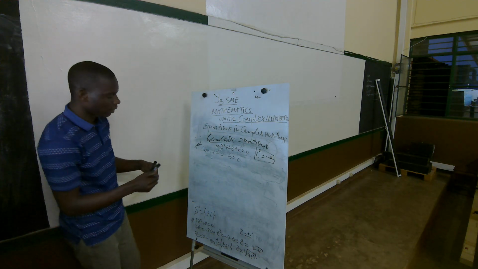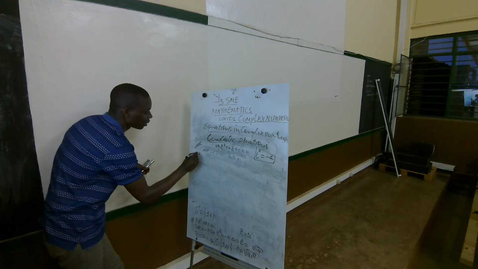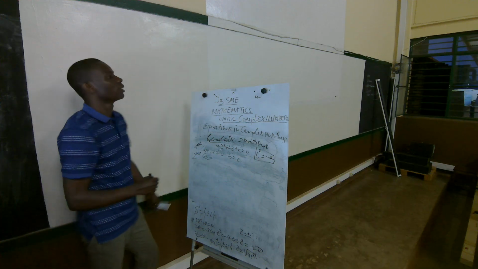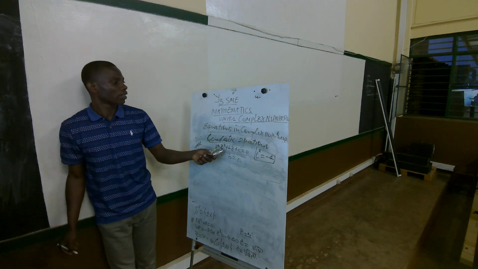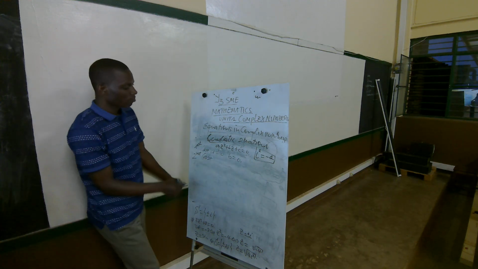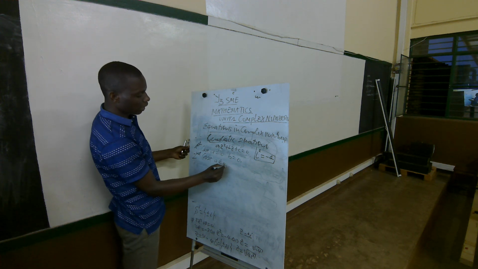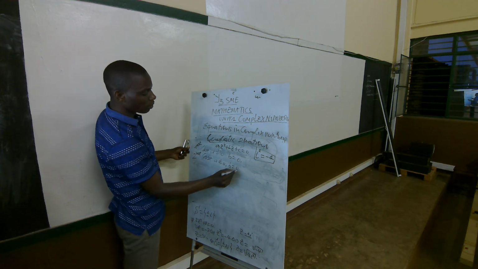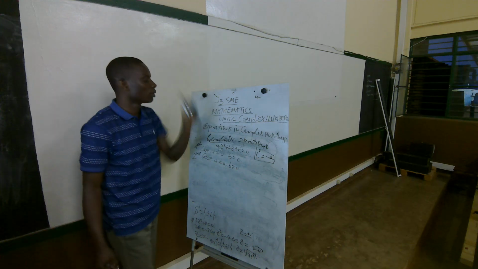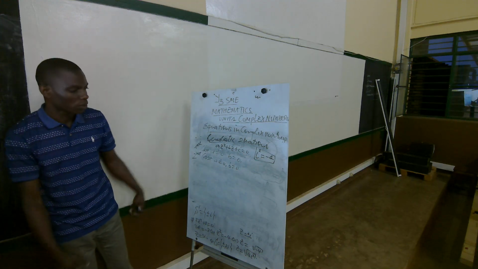We can also have case 2, the second case for a quadratic equation, where a is different from 0 and b is also different from 0. Even c is a constant; it can be 0 or not.